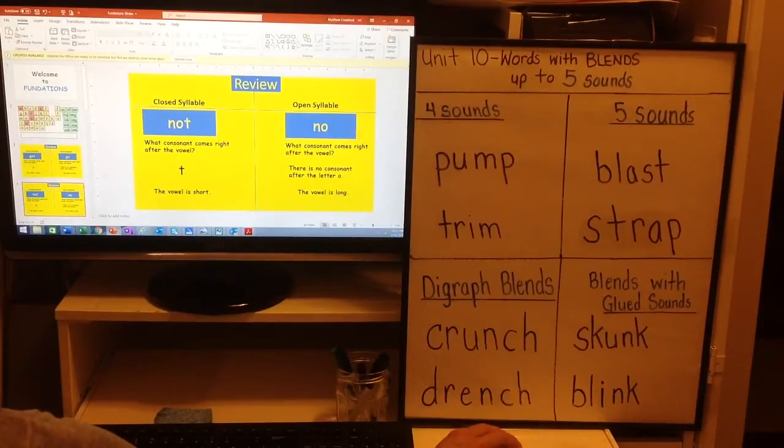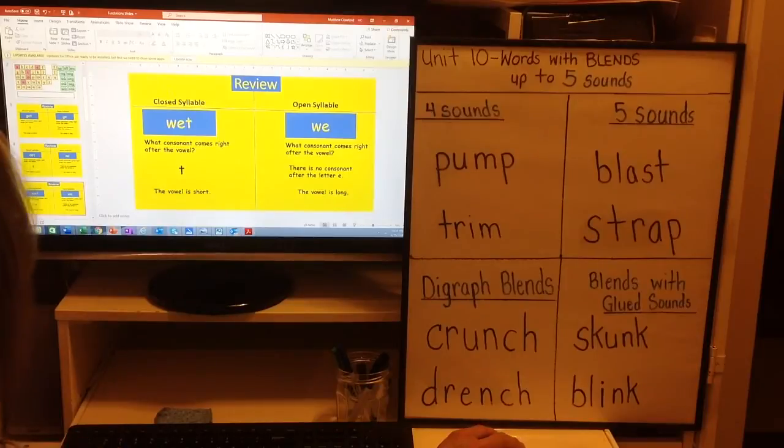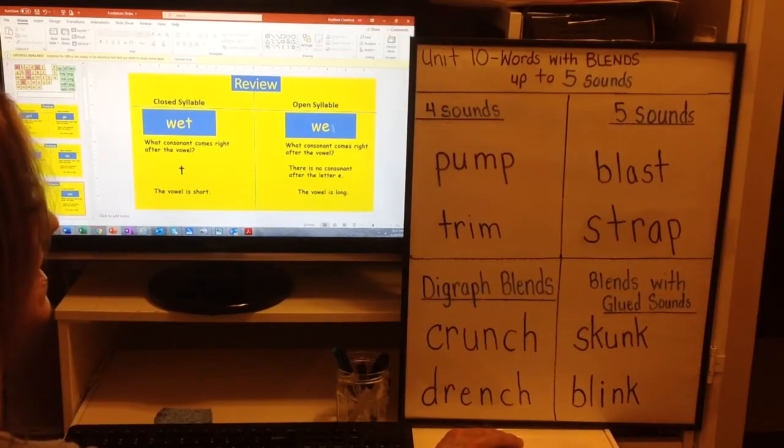Let's try another one. Look at the closed syllable side, and then look at the open syllable side, and I hope you're noticing what's missing over here. What's missing, boys and girls? That's right. There's a W and a W, E and an E, T. Oh, there's no T here.